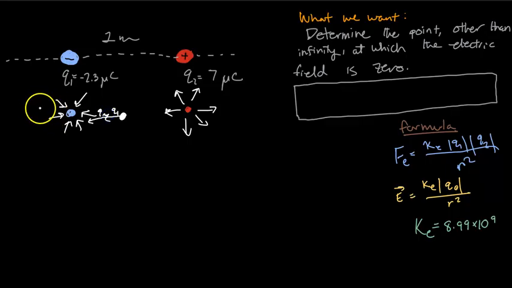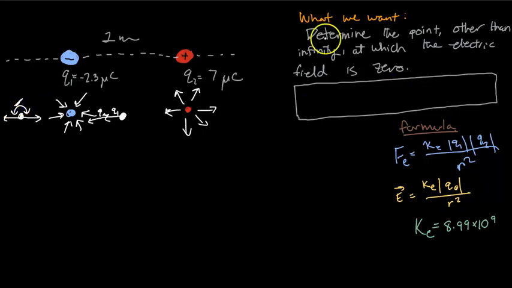But if we put a dot right here, we will have a force from our Q2 going this way, and we'll have a force from our Q1 going this way, which means they have opposite signs, which means they cancel out.